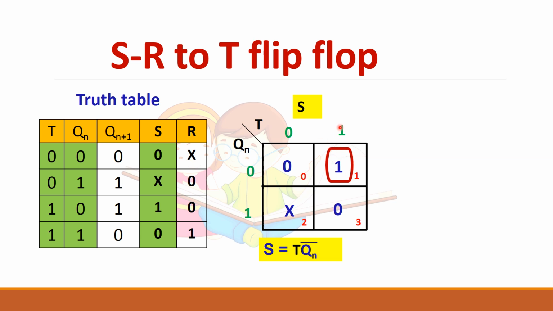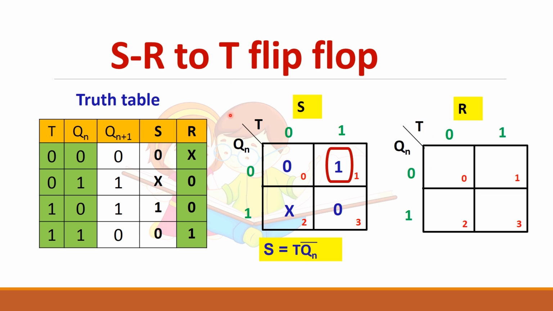S is equal to T into Qn bar. Now again you draw the same thing for R. So you will get x0, 0, 1. Again 1 cannot be combined with anything. So R equal to, what is this value? T into Qn. So R equal to T into Qn.